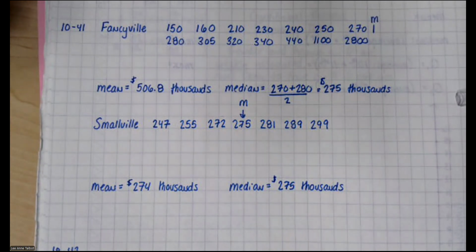And in this one, because the numbers are all more consistent with each other, the mean and median are very close. Okay, any questions about number 41? Do we all understand how to find the mean and median? Okay.